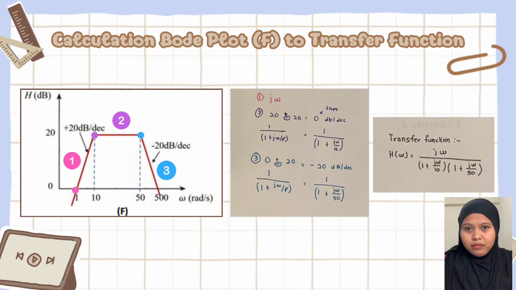That means it is negative, so we get 1 over 1 plus j omega over p, which is 1 over 1 plus j omega over 50, because the starting point for line 3 is 50, so p is 50. So the transfer function for this Bode plot is H of omega equals j omega over 1 plus j omega over 10 multiplied by 1 plus j omega over 50. Thank you.